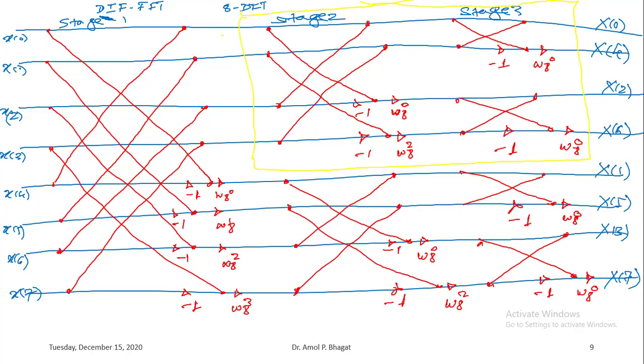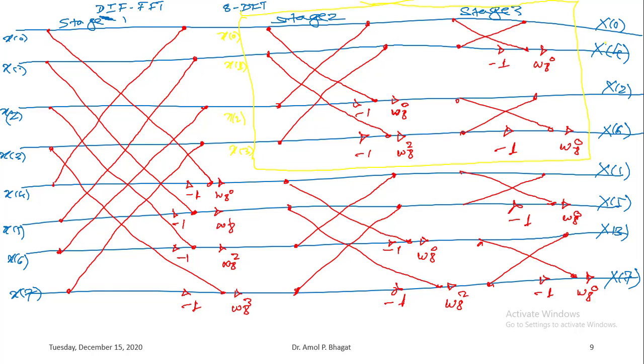You have to apply the inputs in sequence, that is x of 0, x of 1, x of 2 and x of 3 will be there. Twiddle factors will be W80 and W81 will be there, right? And output will be in decimated form.